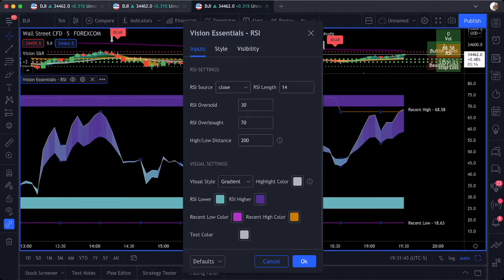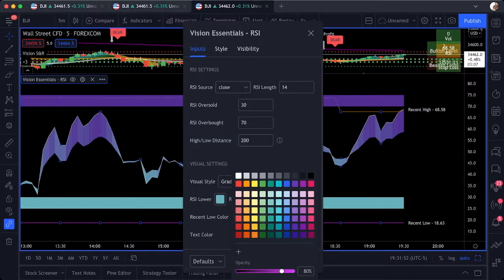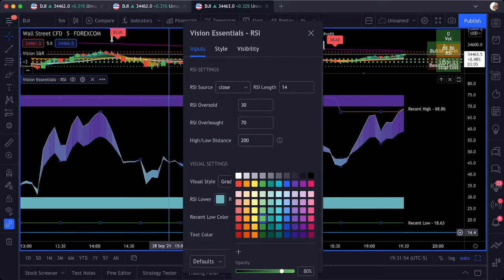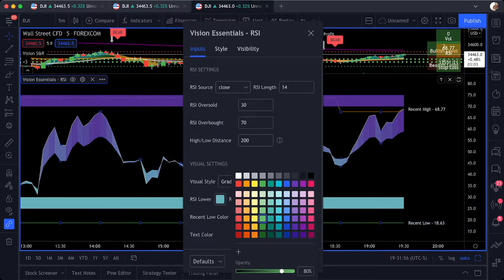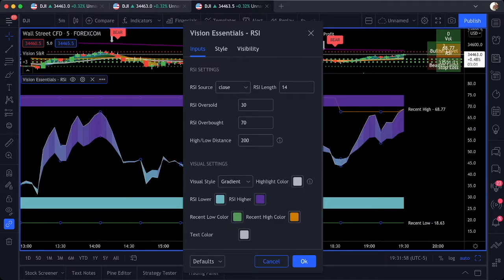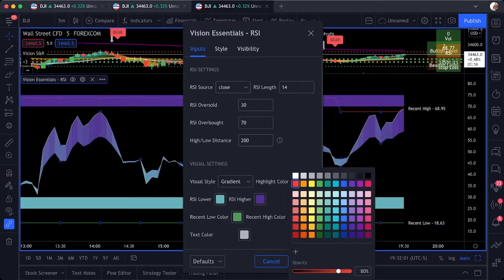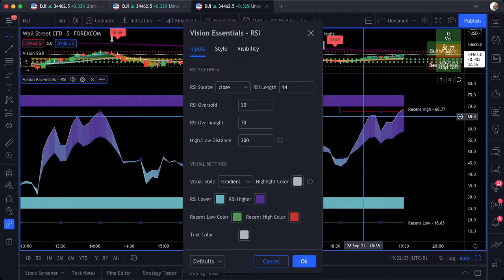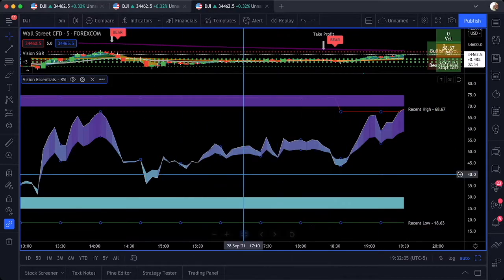The recent low color did that. The recent high color, got that. Let's see. That's this line down here and this line up here. So it's actually, let me click OK.